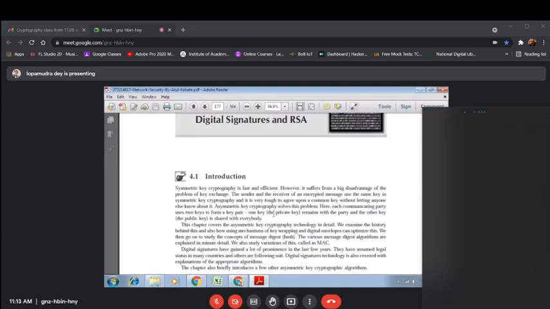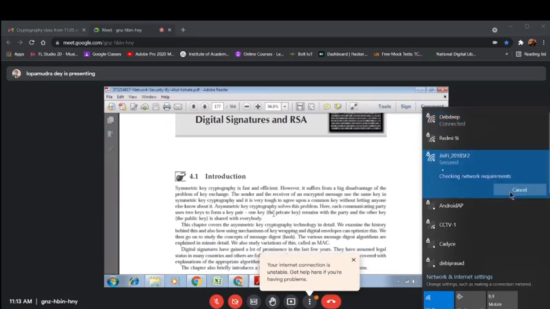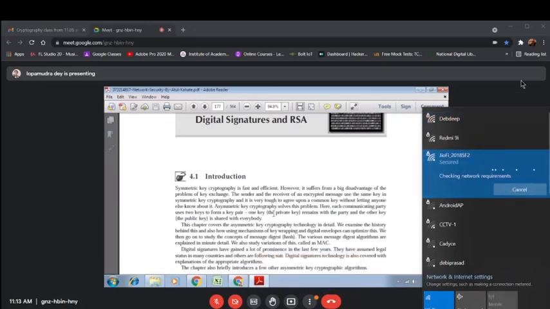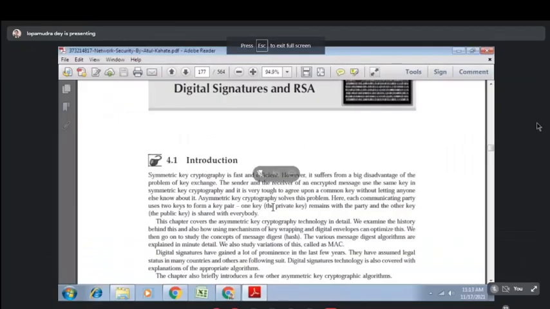Suppose you are using AES, so the same S box must be there at the sender and receiver side. You are not directly sending the key there; both sides need to use the same key, whether it is a 128 bit, 192 bit, or 256 bit key.